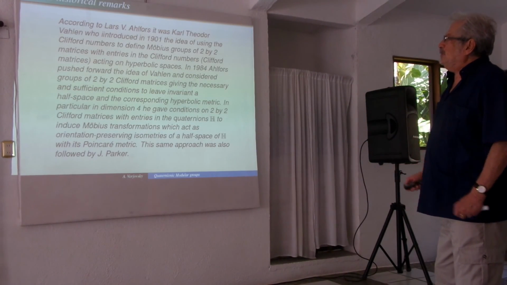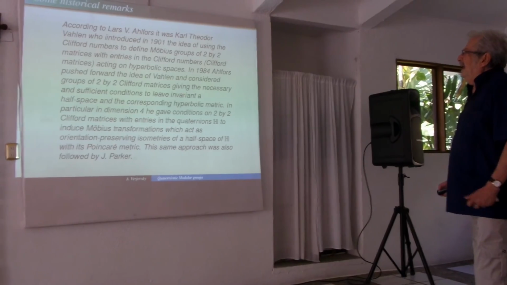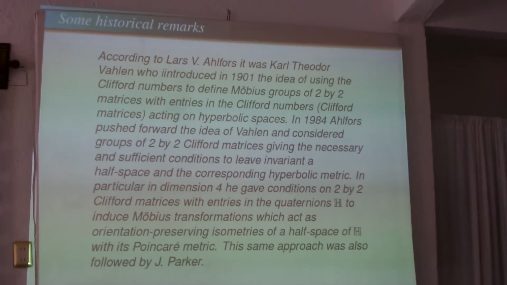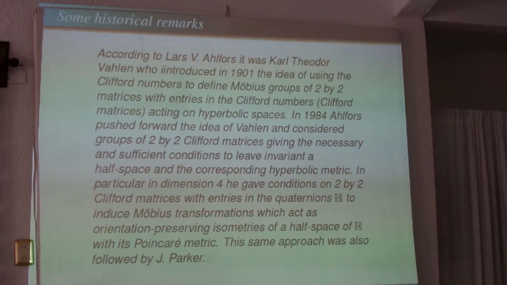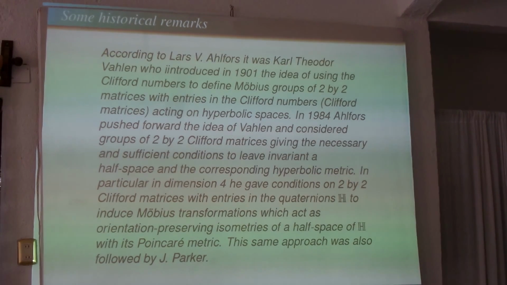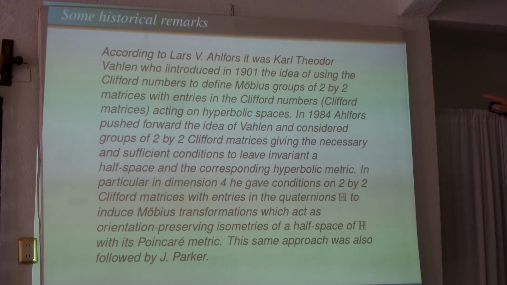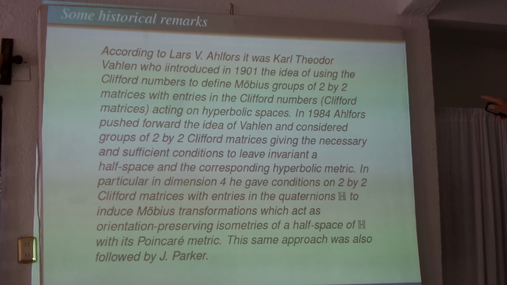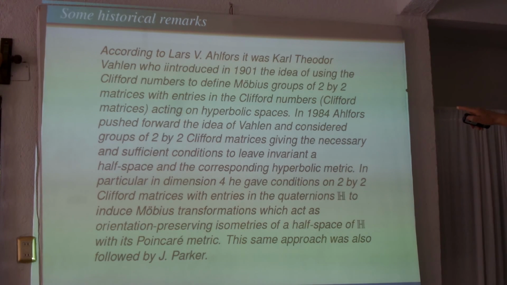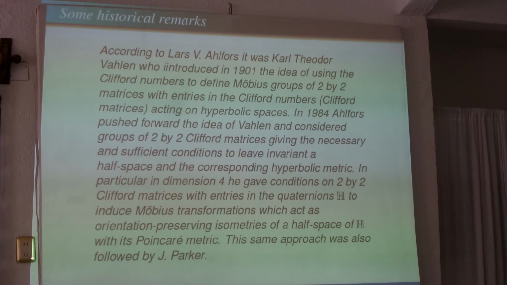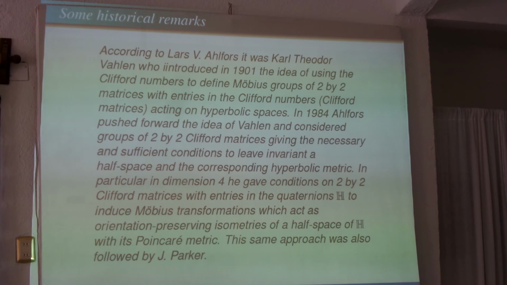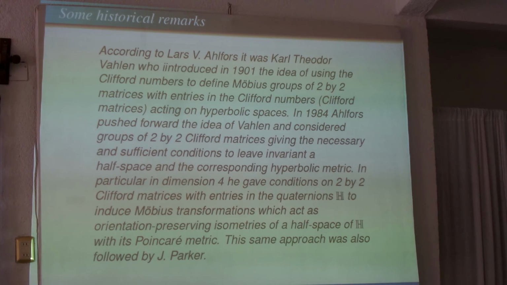Well, this has a long history. Ahlfors attributes it to Karl Theodor Vahlen. He introduced very early, in 1901, the idea of using the Clifford numbers to define Moebius groups of 2 by 2 matrices with entries in the Clifford numbers and to produce conformal mappings.